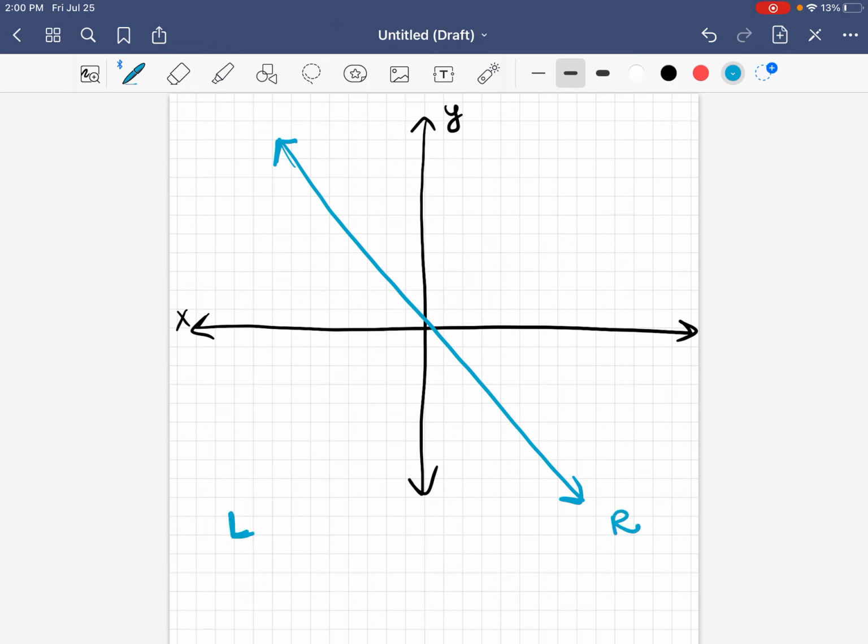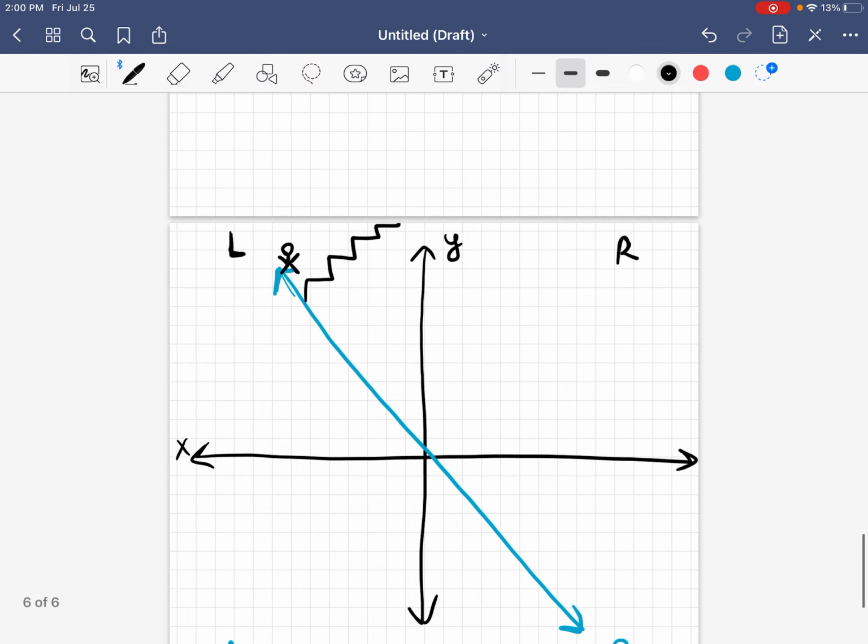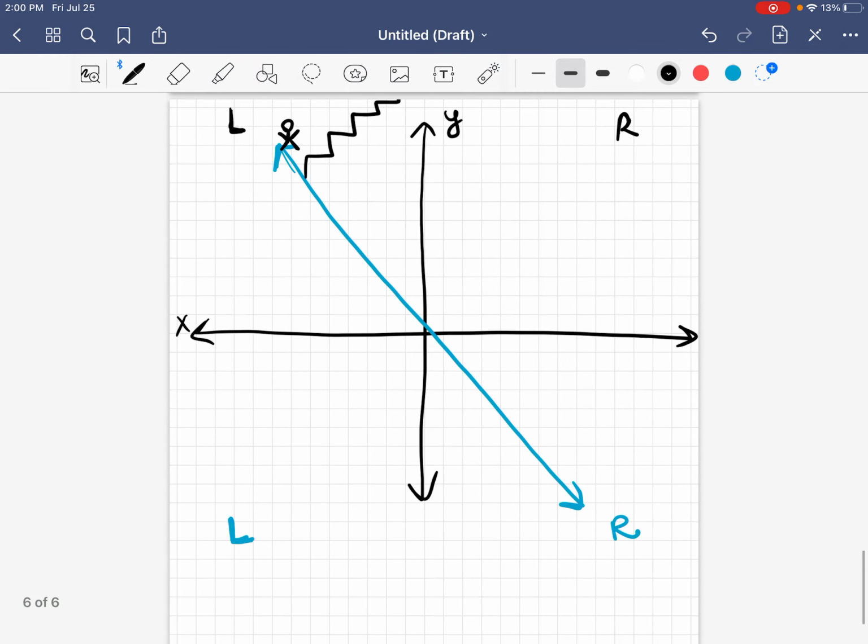On the left side of the line, I want you to draw your person. Now you need to ask yourself, is this person going upstairs? No, he's not. Is he going down a hill? Yes, he's going down a hill.